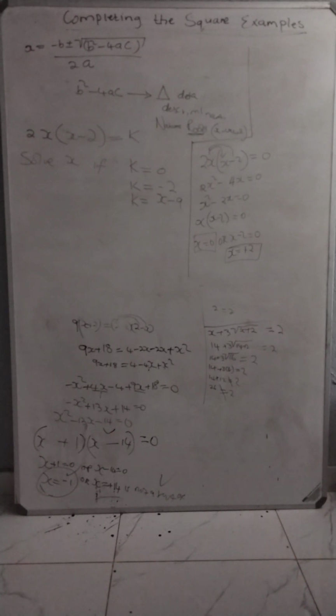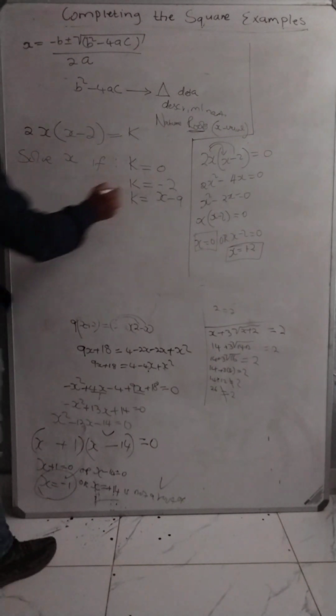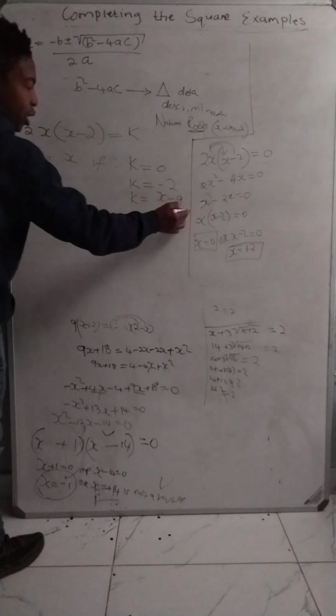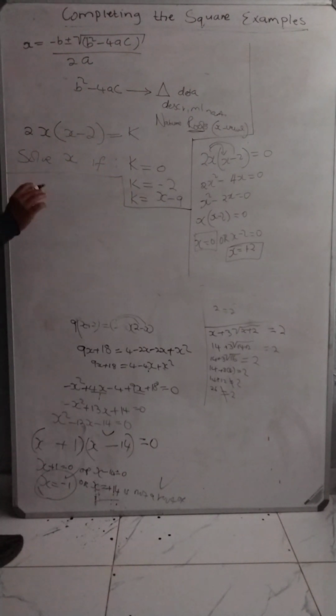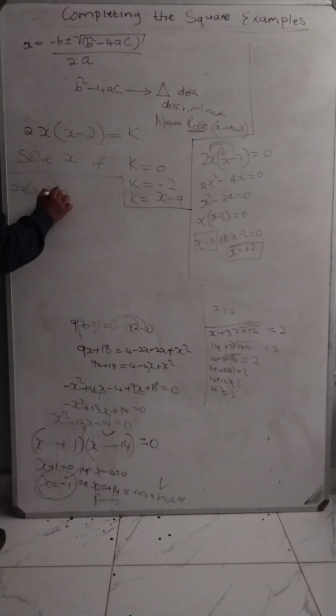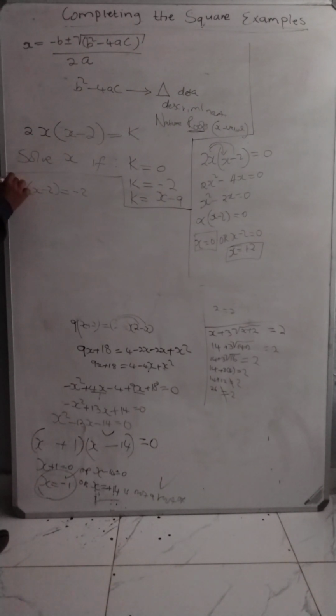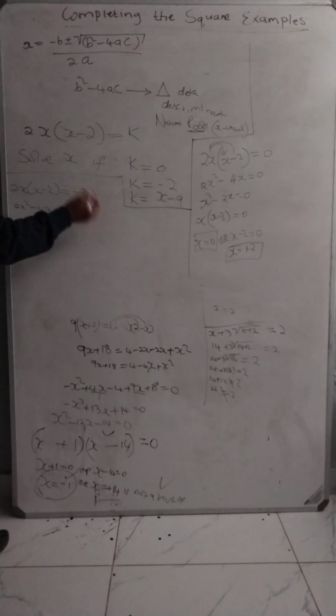So in this case, those are your roots. And then in another case where k is minus 2, you have 2x into x minus 2 is equal to minus 2. Likewise, you multiply this, you'll end up with 2x squared minus 4x is equal to negative 2, and then you bring the 2 this side, you'll have 2x squared minus 4x plus 2 is equal to 0.